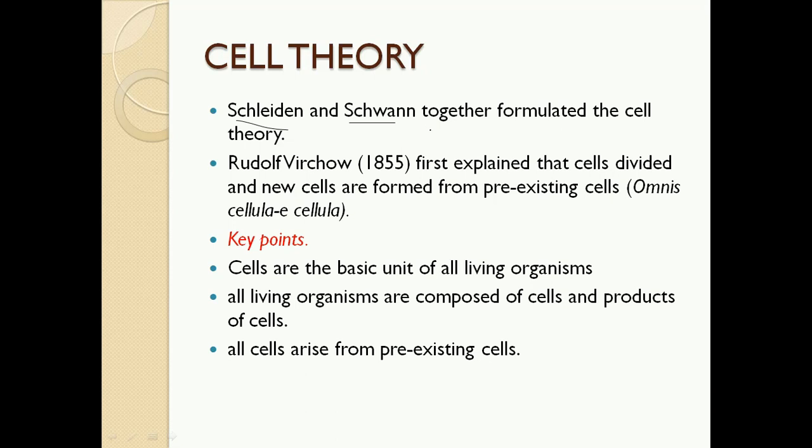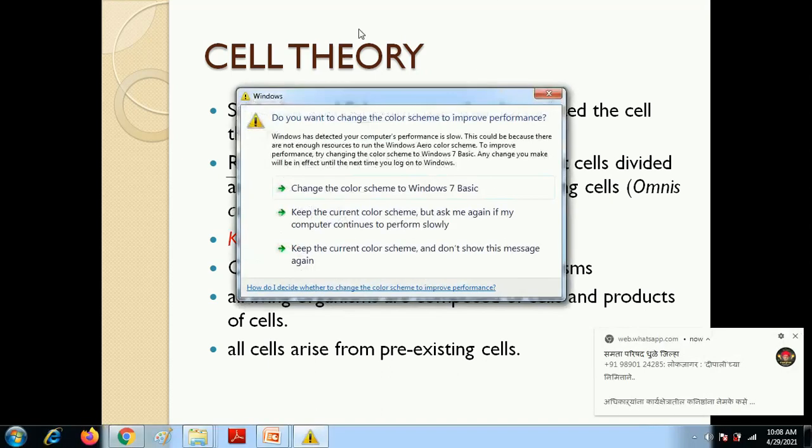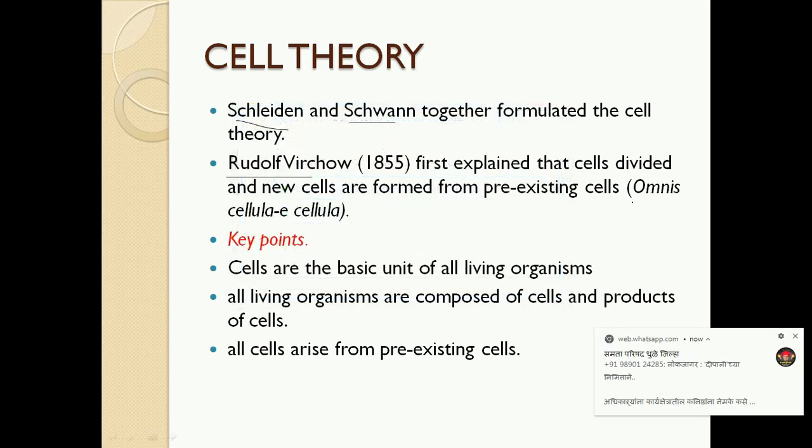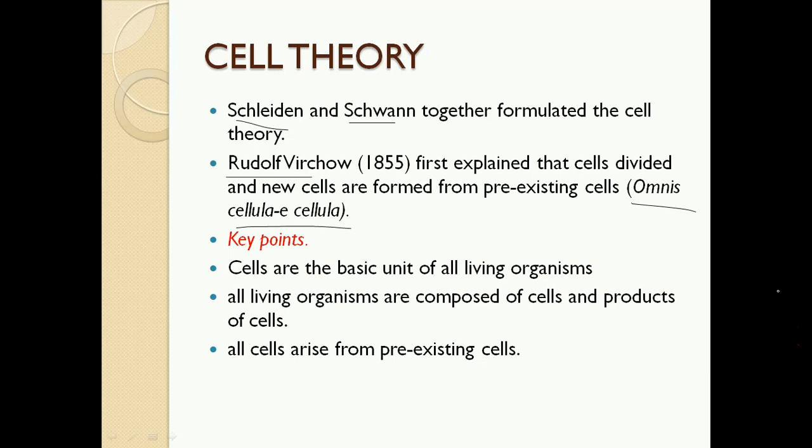Later on, one more scientist, Rudolf Virchow, explained that cells divide from pre-existing cells, or all new cells emerge from pre-existing cells. One sentence was very popular in science about this discovery: omnis cellula e cellula. It means all new cells come from pre-existing cells.